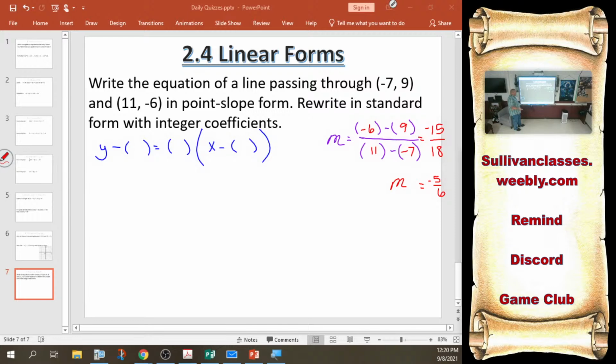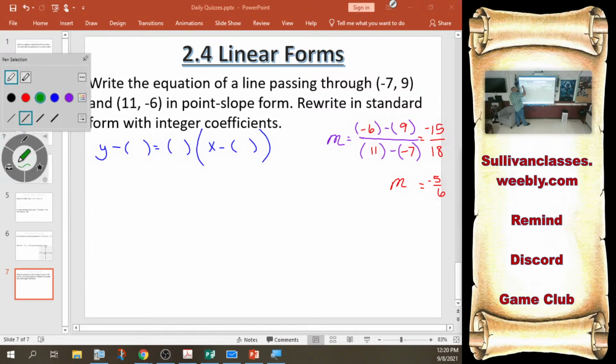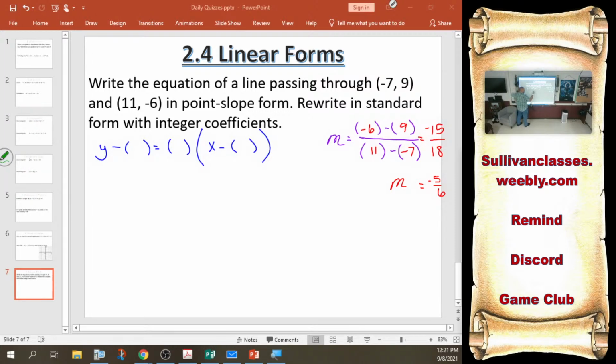Both points involve mid-sized numbers. Both points have negatives in them. I don't think it really matters which one you use. But I will write both, just so we're clear. I put my negative 5/6 in slope, and whichever point you use, either you put a negative 6 or you put a 9. Either you put an 11 or a negative 7 here.